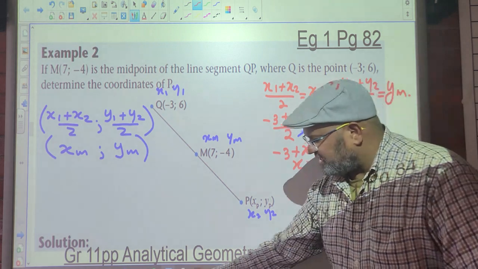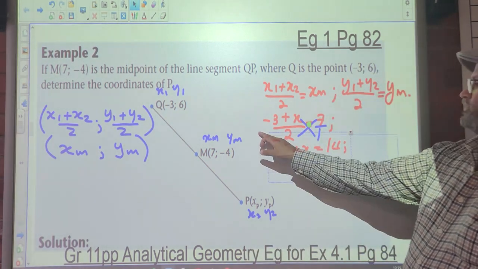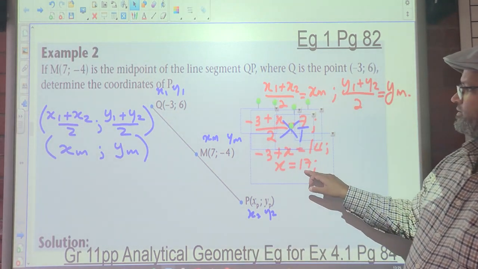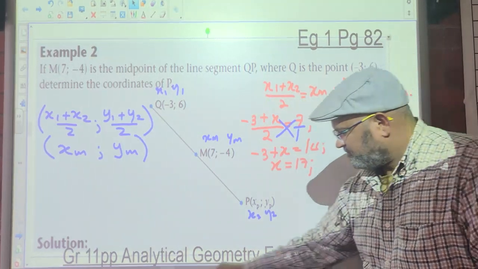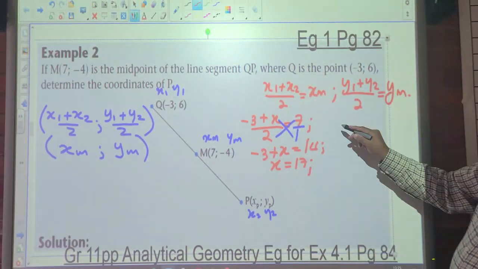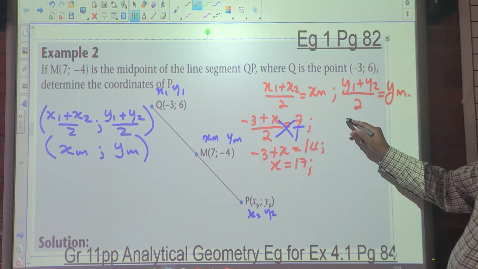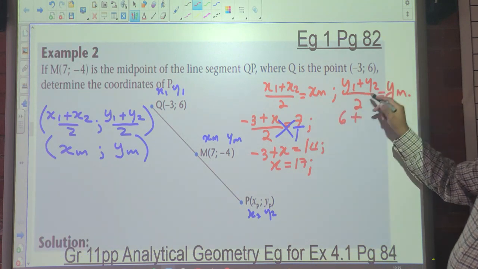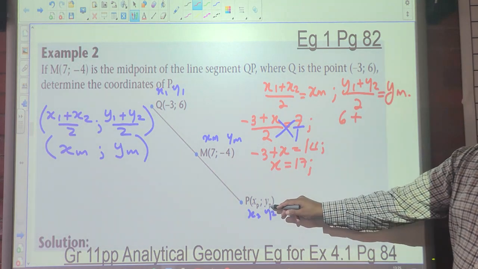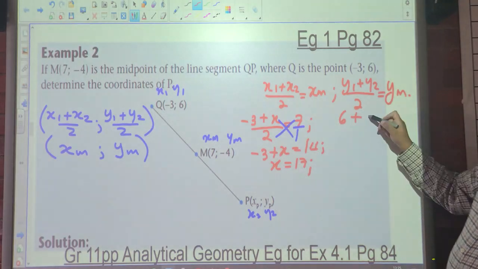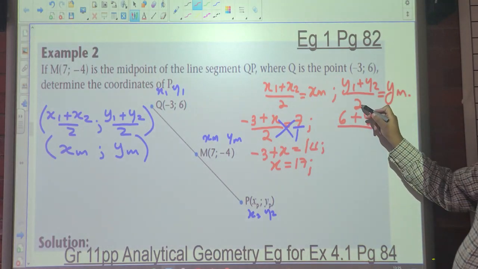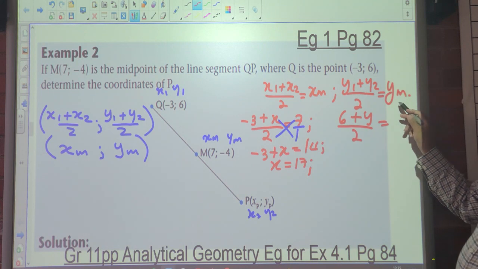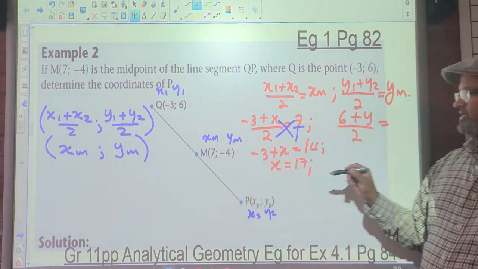Let's do it on the other side now. Let's go here. y1 is what? 6, plus y2, yp or y2, it's all the same, over 2 is equal to y mid, which is negative 4.